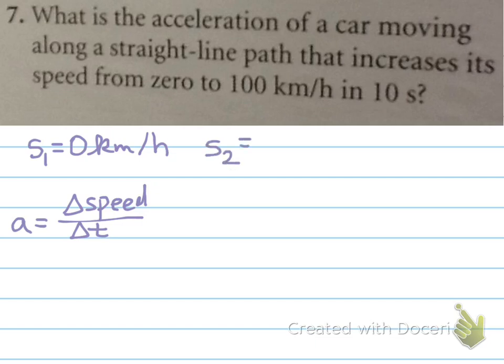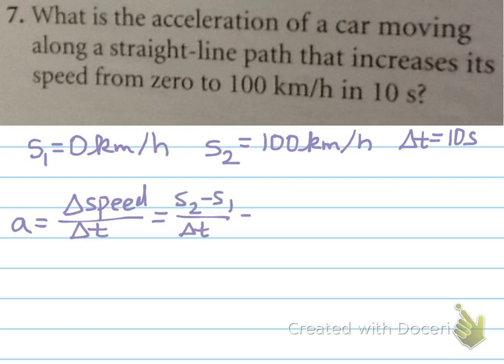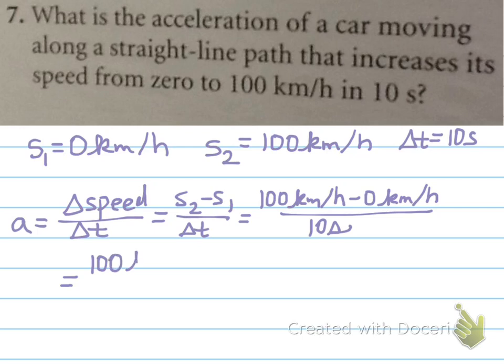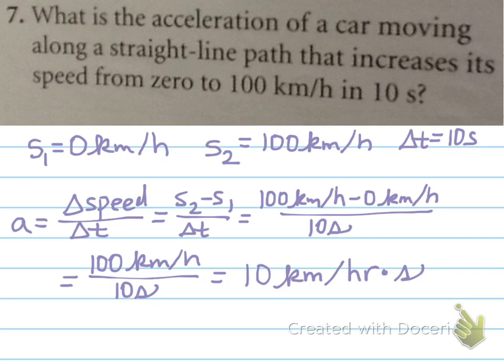Speed number 2 is 100 kilometers per hour, it tells us in the problem. And our change in time is 10 seconds. So speed 2 minus speed 1 divided by our change in time: 100 kilometers per hour minus 0 kilometers per hour divided by our 10 seconds. That gives us 100 kilometers per hour divided by 10 seconds, which gives us 10 kilometers per hour per second.